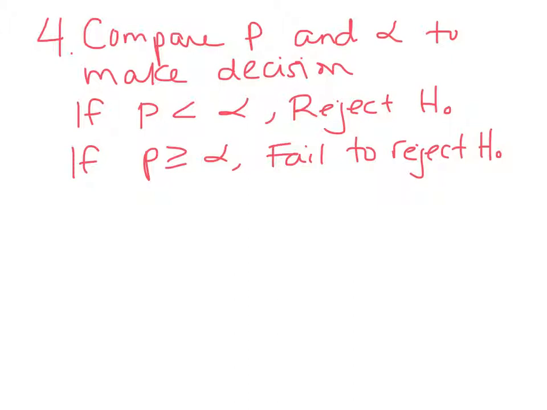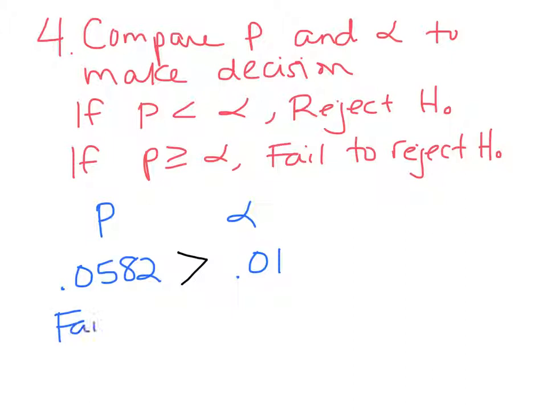So in our problem, let me write out what we have. Our p-value was 0.0582, and our alpha was 0.01. You can see different levels of alpha could give me a different decision when I compare it against P. So in this case, our p-value is greater than our alpha, so our decision is going to be to fail to reject H sub 0, which really means we do not reject.